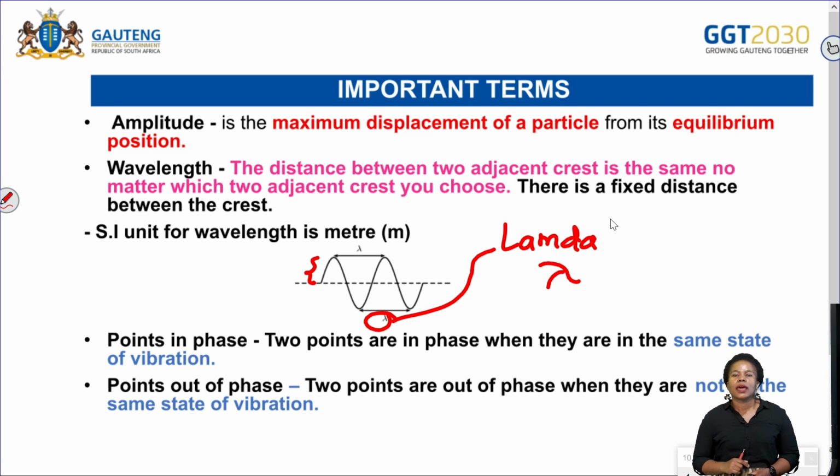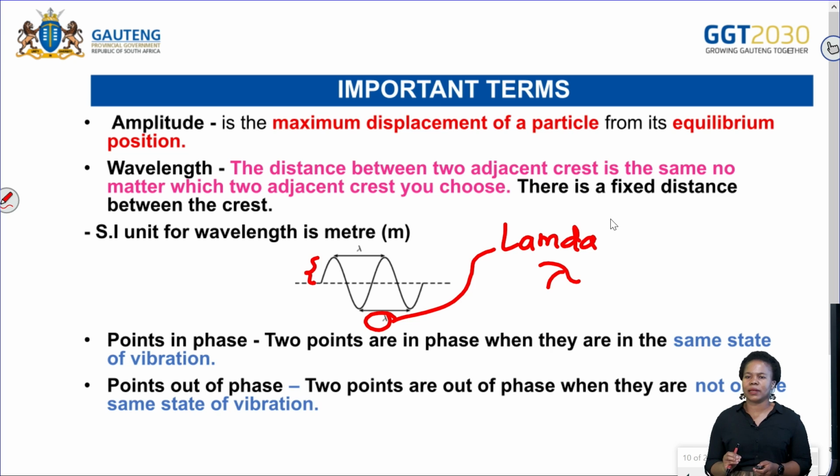Okay? And then points in phase. In your wave, how do you identify the points that are in phase and the points that are out of phase? Let's start with the points that are in phase. Two points are in phase when they are in the same state of vibration. What do we mean by that?